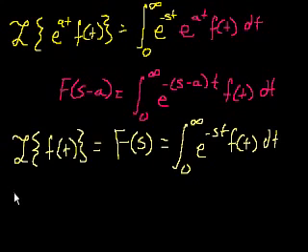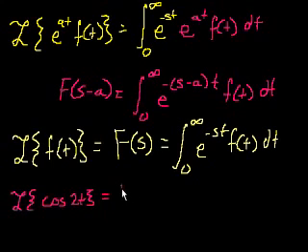So let's just take the Laplace transform of cosine of 2t. We've shown it is equal to some function of s, and that function of s is s over s squared plus 4. We've shown that already.